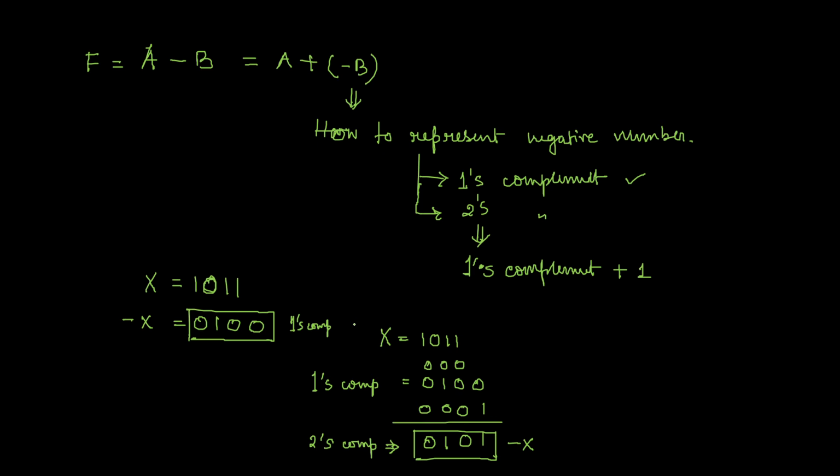It is not possible for a machine to sometimes use one's complement and sometimes use two's complement to represent negative numbers. It is either one or the other.